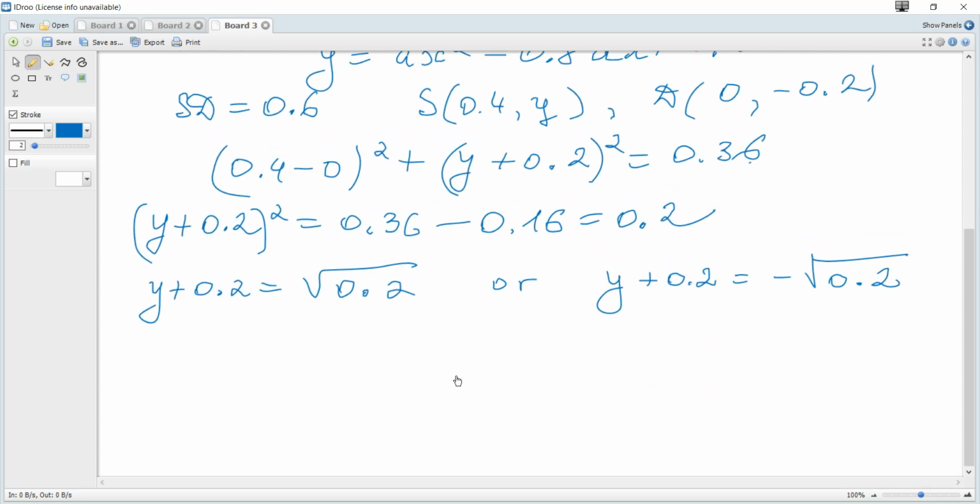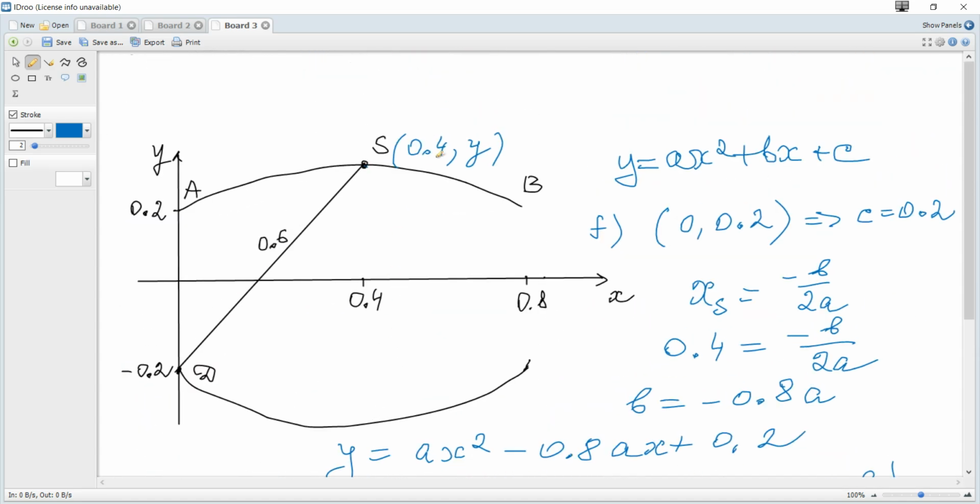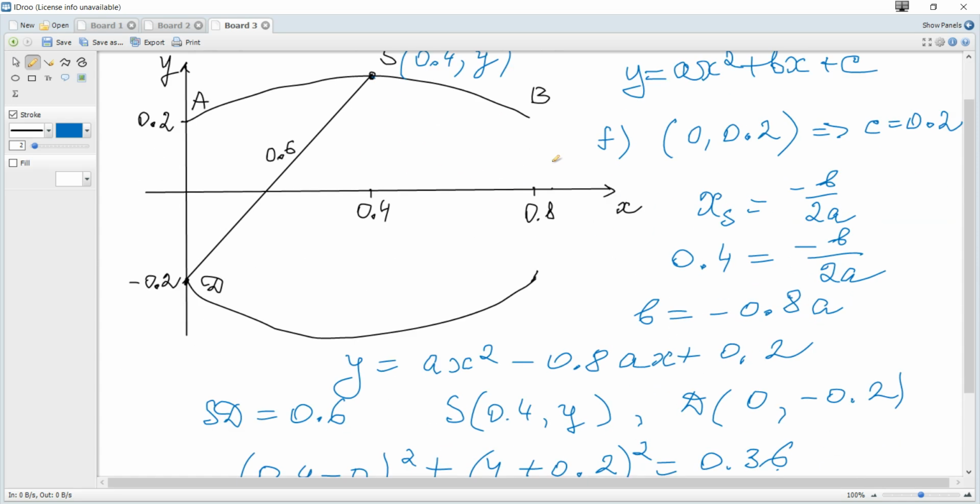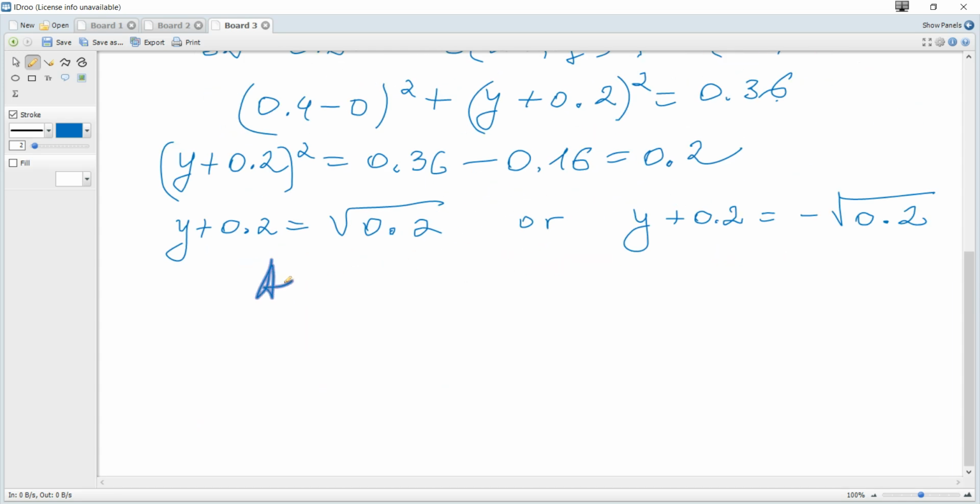And y is the y coordinate of point S. S is above the x-axis, so the y coordinate is positive. So as y is greater than 0, you can see minus minus, definitely it's negative.